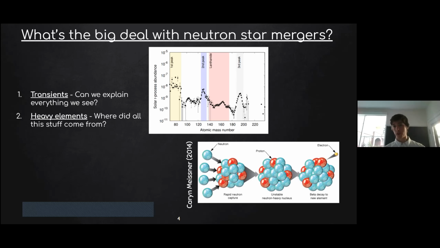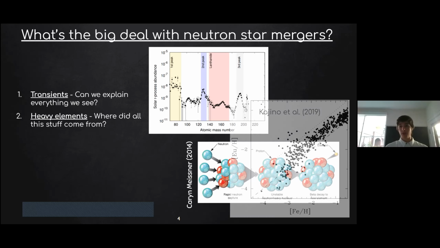And then what's particularly important in our case is these lanthanides here, which have complicated atomic shell structures and therefore lots of lines for photons to interact with. And so if you create a lot of these lanthanides, there's a large opacity. And that changes how any of these transients look, because it changes how the photons diffuse through it.